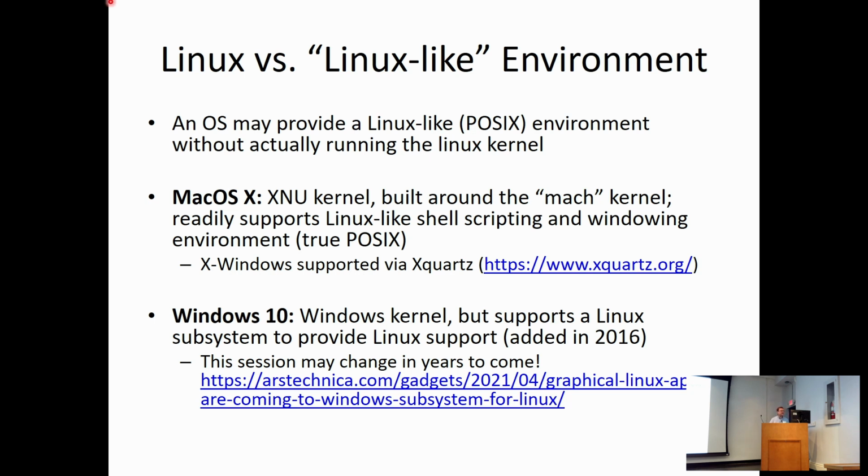And so when we think about Linux versus Linux-like, I've hinted a couple of times that if you're running a Mac operating system, you actually have a lot of the tools that could make your experience look very much like a traditional Linux experience. Right? All of that graphical stuff that you're used to is actually built on a command line interface that can be made to look very much like a traditional Linux environment.